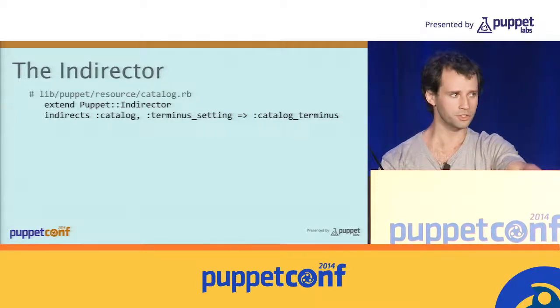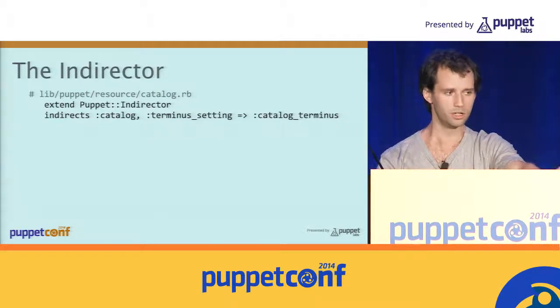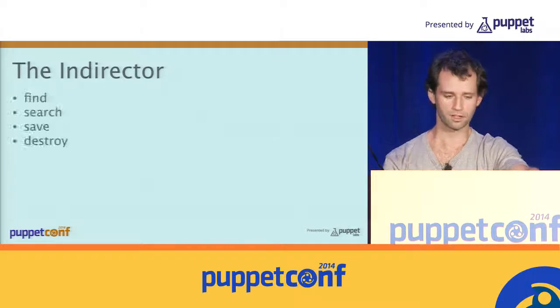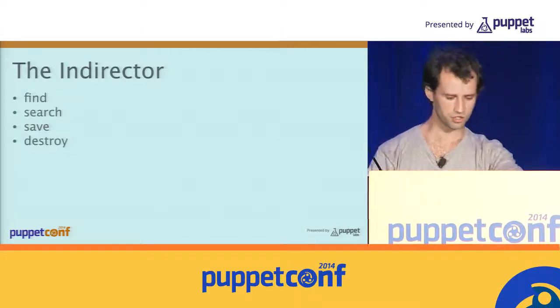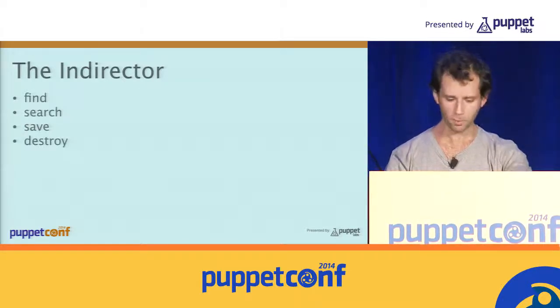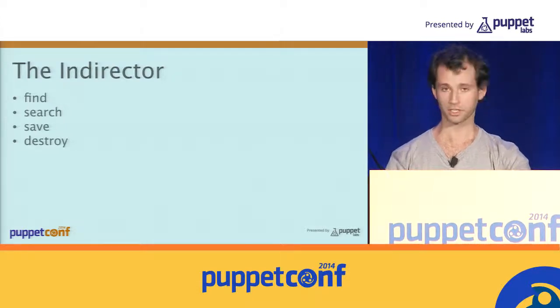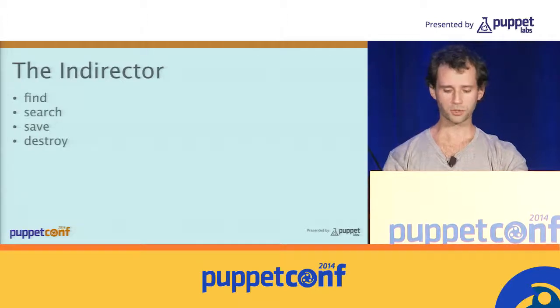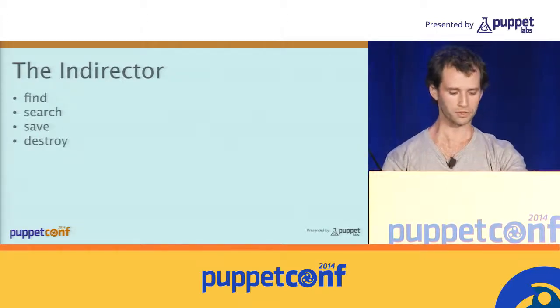Whenever one of Puppet's internal classes does this, it gets what's called an indirection attribute. That's an attribute which is an object that has 4 special methods: find and search, save and destroy. So almost every time you want to interact with an object of that type with these indirected classes, you use these special methods to get at them or get rid of them or send them somewhere else.